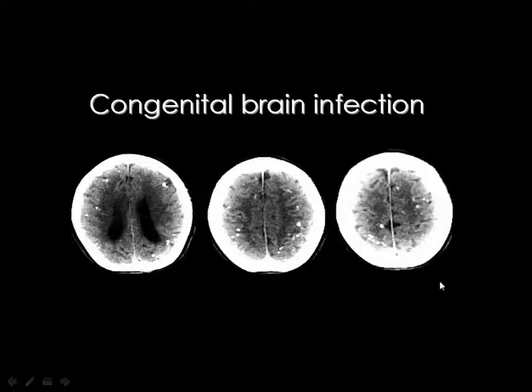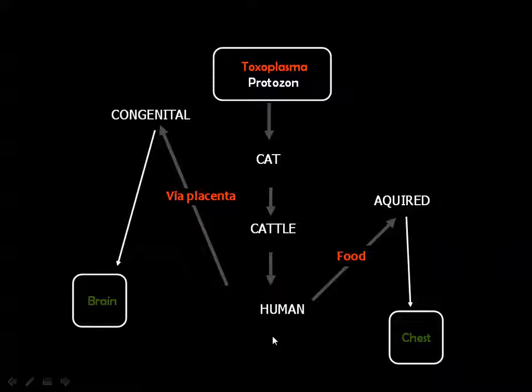However, in many cases, you are not sure about the distribution of the calcium, and you see widely distributed calcium throughout the brain parenchyma in these CT images, and you say that this is most likely a congenital intracranial infection, one of the previously mentioned TORCH inflammatory processes.